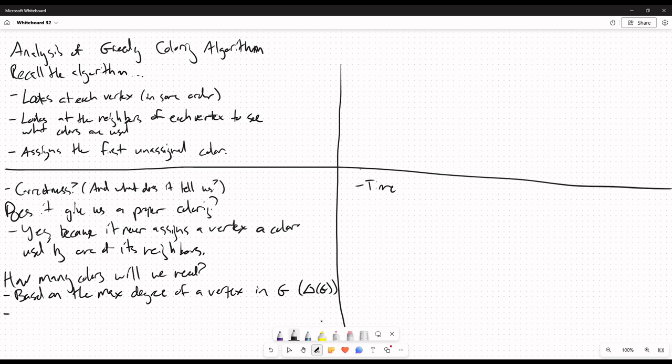Well, I will never need more than the number of neighbors I have plus 1. So the degree plus 1. So we'll actually say the max degree plus 1.